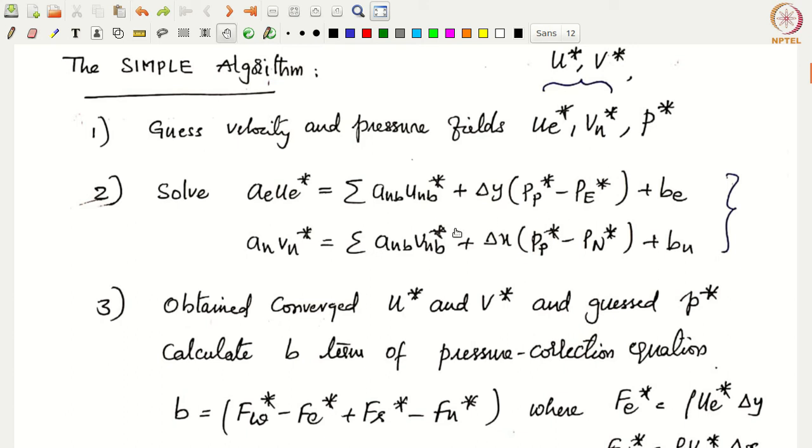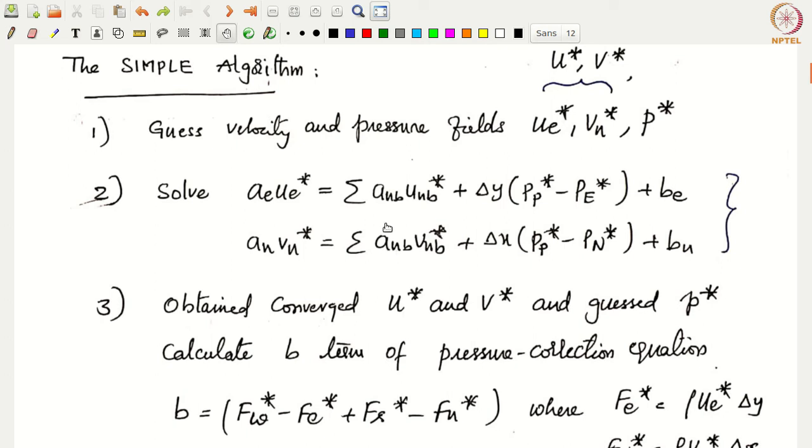We also know that the a's and b's that occur in both these equations are different because the cell control volumes themselves are different. Further, because we have not solved the two equations together until now, these two equations are in some sense coupled, because the a's and b's here may contain u and v, and the a's and b's there also contain u and v, since each of them has a d term and an f term, the diffusion term and the convection term.